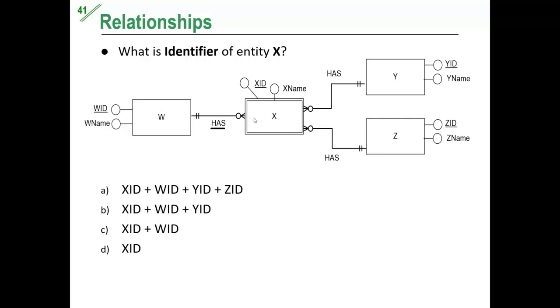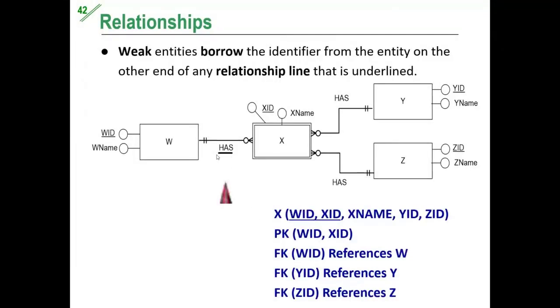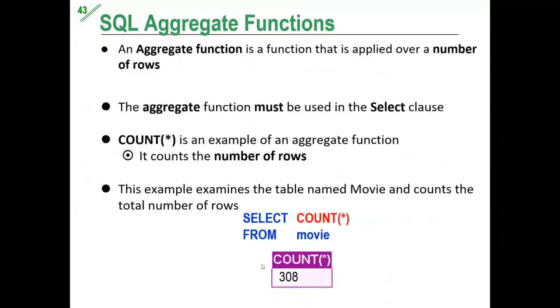That means the identifier for X is WID plus XID. So the answer is C. That is how we need to determine that. Is it clear? All right, always think about the underline. That's really important.